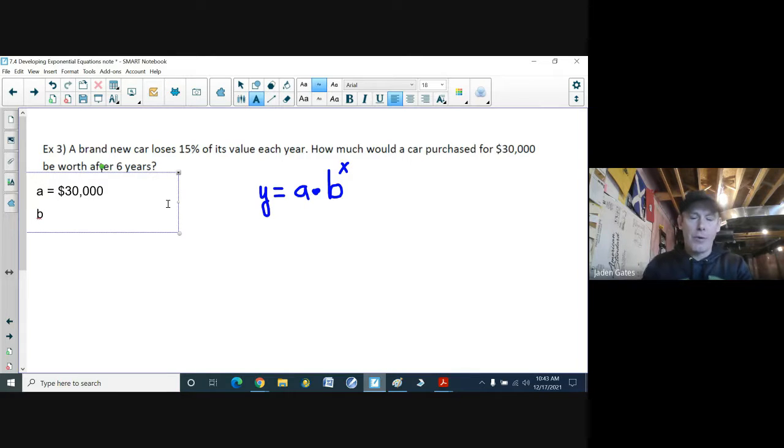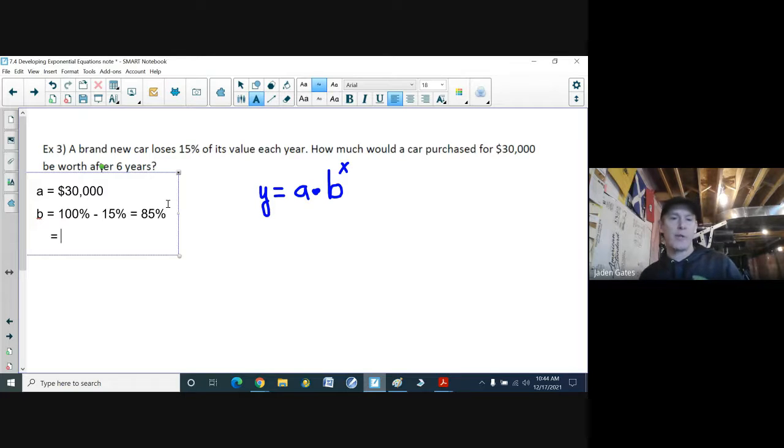Now the multiplying rate is a little bit different. When you first have this car, it's worth $30,000. But after 1 year, you lose 15% of the value, and so after each year, your car is only worth 85% of what it was worth the year before. So again, percent is not good to us in calculations.